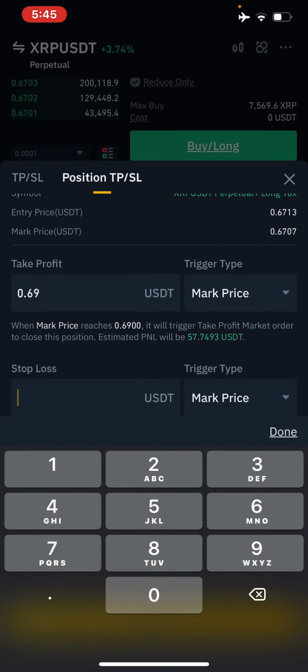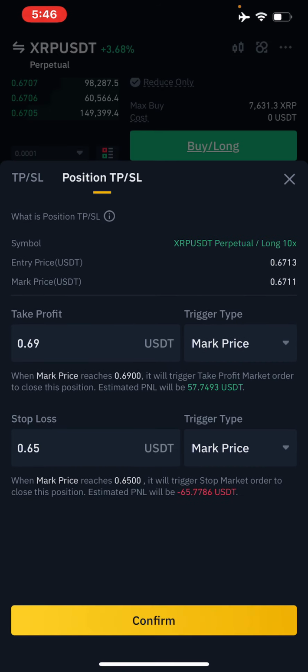And here is stop loss. Whatever stop loss they give you, you have to put it. It's very important. Leverage is crazy, so you always put your stop loss. So let's say 0.65. We say done, and it tells us automatically how much we are going to lose if the market goes below what we are looking for.